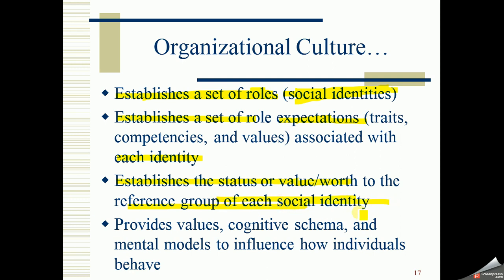So every social identity in the organization has an associated worth. Of course, the worth of a full professor is more than the worth of, let's say, lab staff, right? So every social identity will have an associated worth or a value or a status.